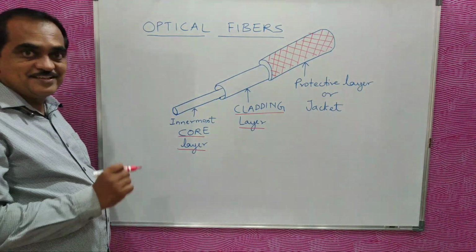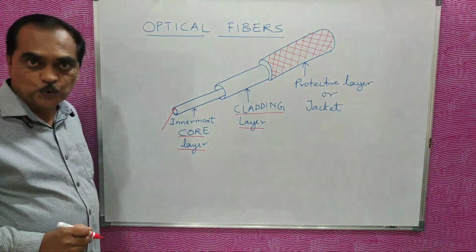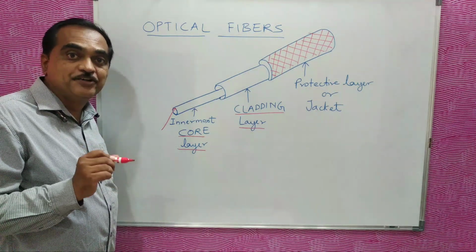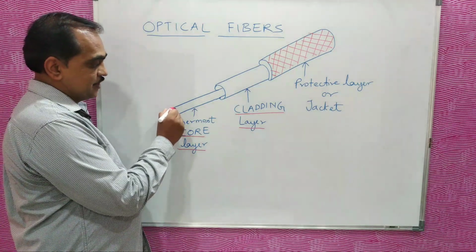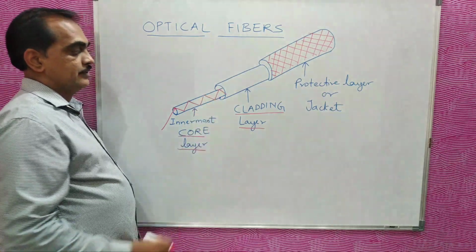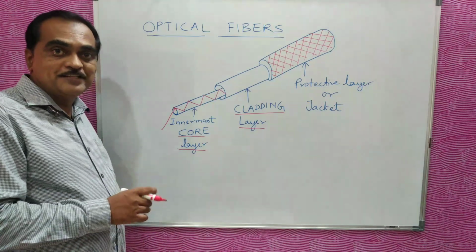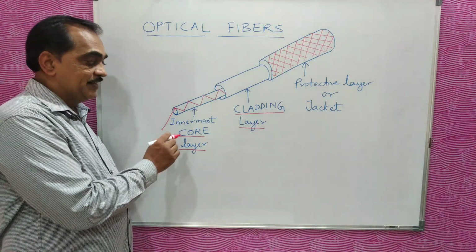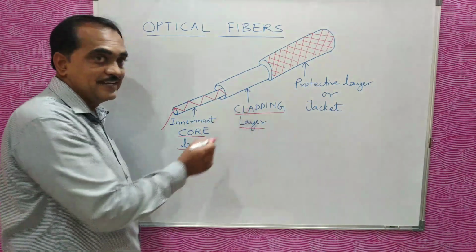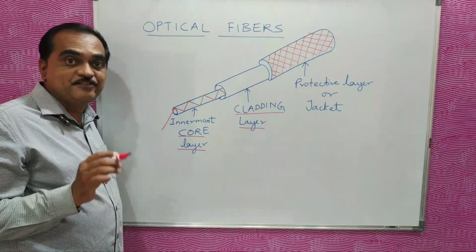Okay, now when light rays enter the core, they should follow something called total internal reflection. That is, light should travel like this in the core only. That is why, whenever we manufacture optical fiber, for the material used for core, whether it is glass or plastic, and the material used for cladding, whether it is glass or plastic, we have to check the refractive indices of both.